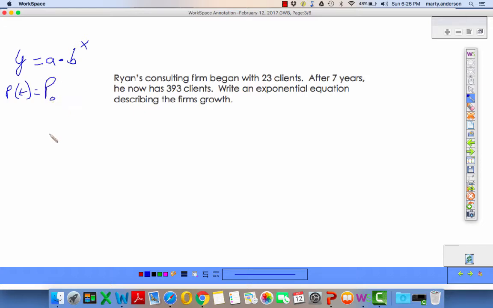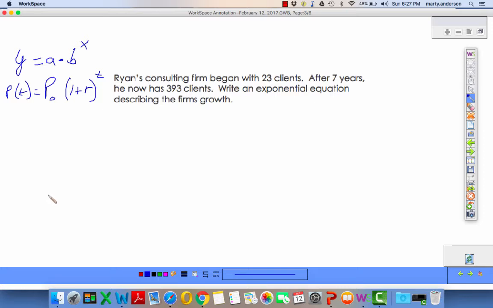Initial population, we write p naught times 1 plus r to the t, where r is the growth rate. If it's decay, then r is probably less than 1, or they tell us that, then we subtract. The a and the p naught are the same. The b and the 1 plus r are the same.